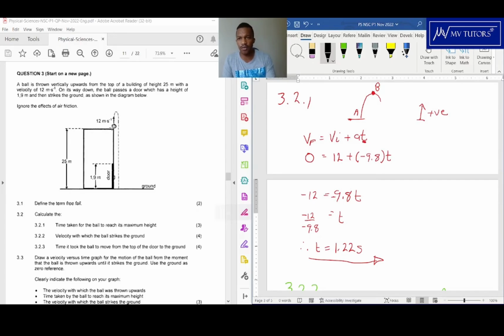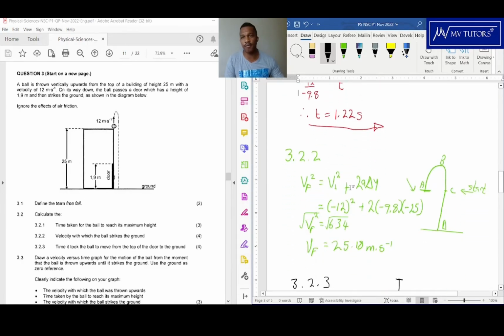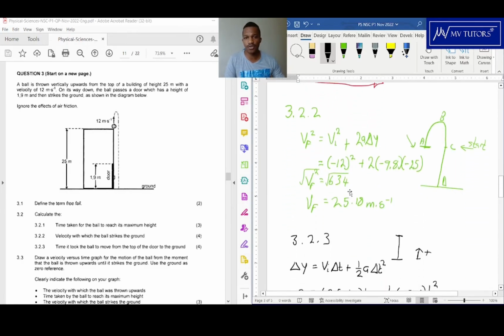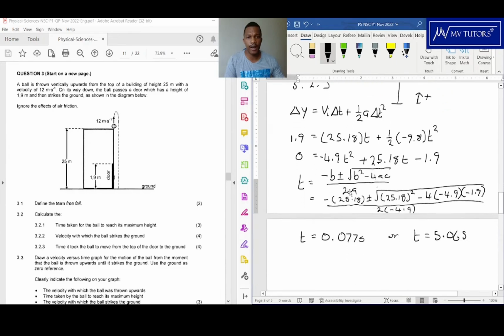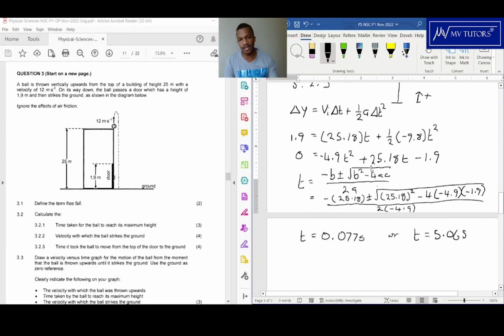It took it one second to reach the height, right? And I would imagine that if we were to calculate the time from that maximum height to the bottom, it won't be such an exorbitant time.